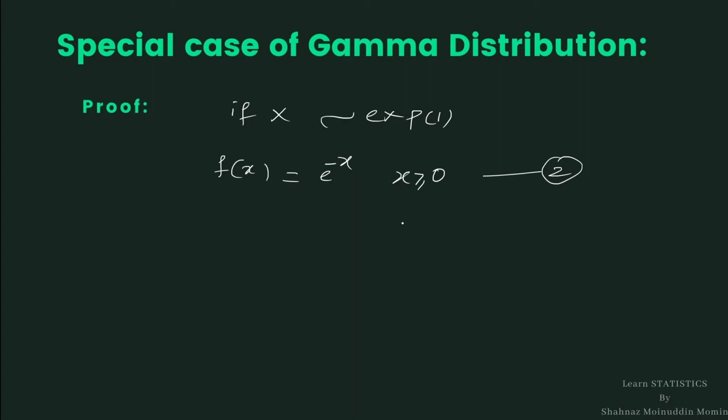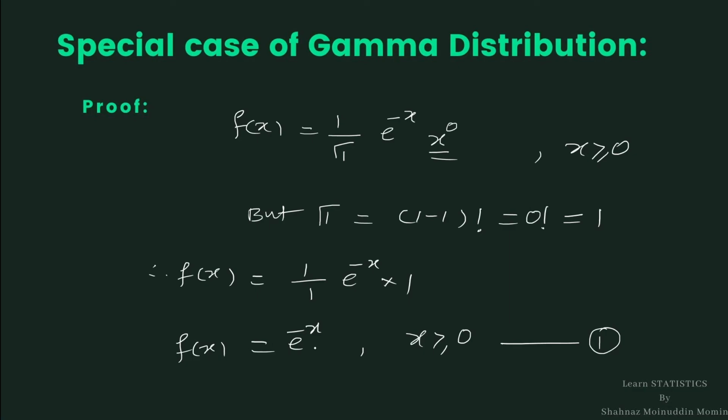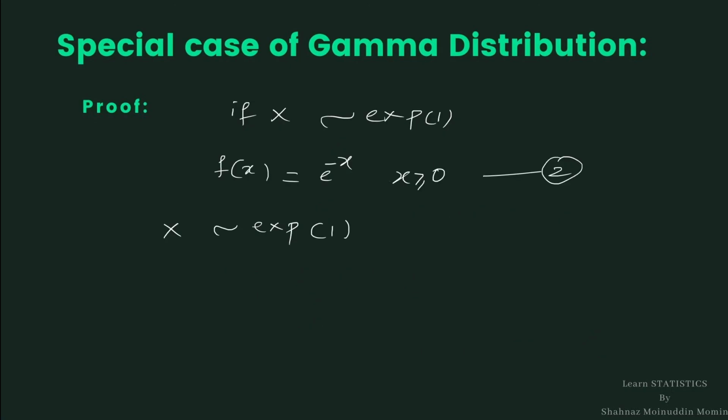After comparing equation number 2 and equation number 1, we get x must follow exponential distribution with parameter 1. Since equation 1, f(x) equal to e raised to minus x, x greater than or equal to 0, is exactly the same as equation number 2, f(x) equal to e raised to minus x, x greater than or equal to 0.